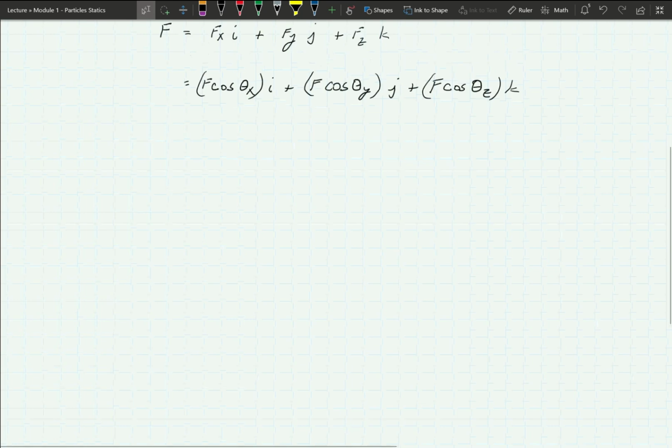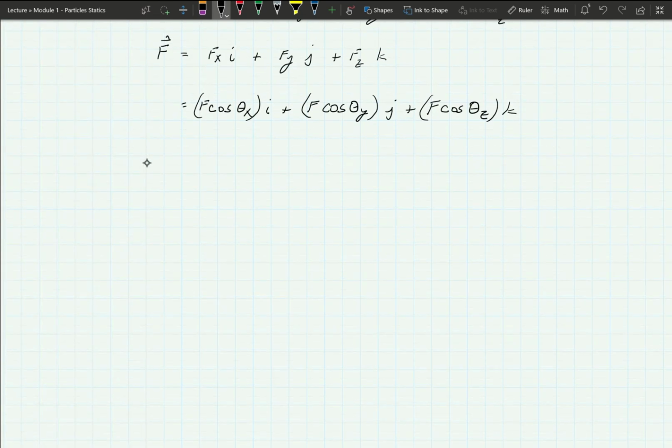And all the same rules apply, so angles are positive, measured from the 0 to 180 degree axis.